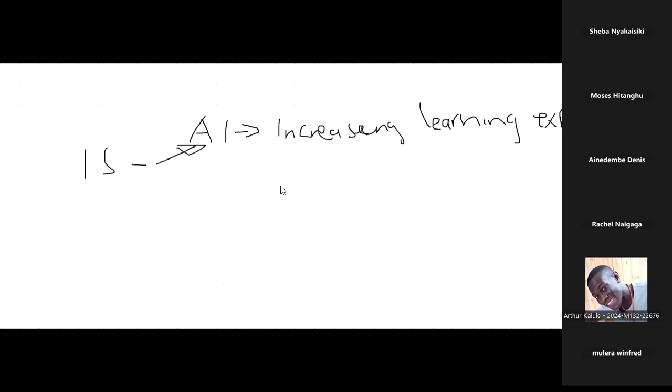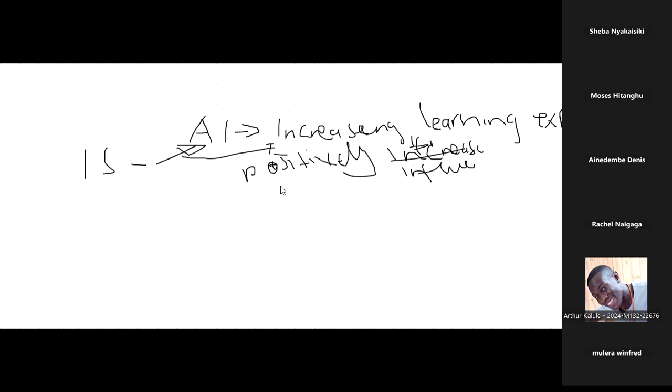It could be someone else who can help you develop this AI application, and its purpose is to positively influence, let's say influence, not increase, learning experience.